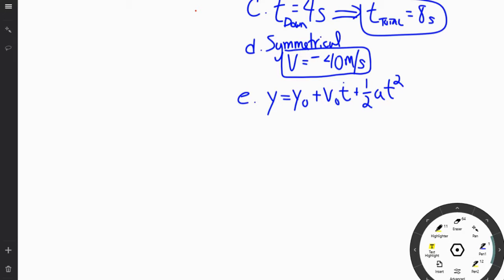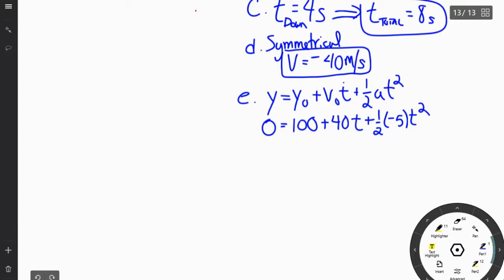And so we're going to say that the final position is 0 meters, the initial position is 100 meters, so we're saying our line of reference is the ground, plus our initial velocity, which is 40, and then plus 1/2 times -5 times t squared, or sorry, jumping the gun here. This should be -10, not -5. Right now, if I simplify, that's where our -5 comes into play.